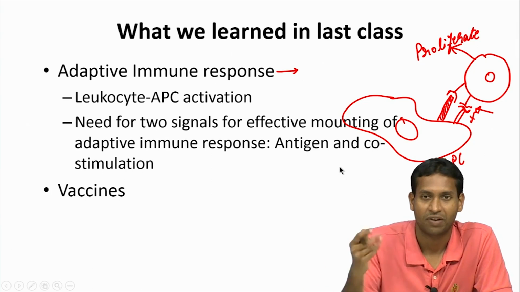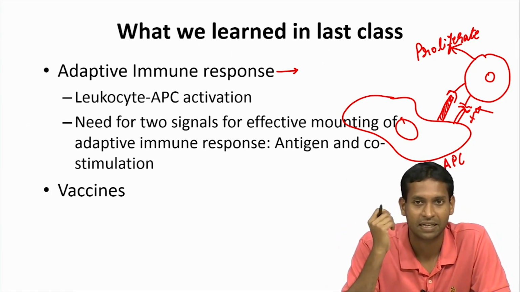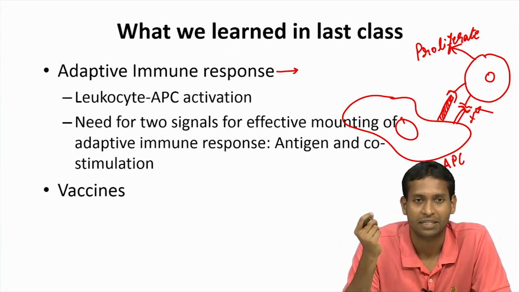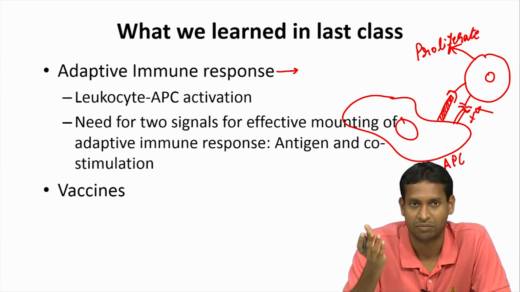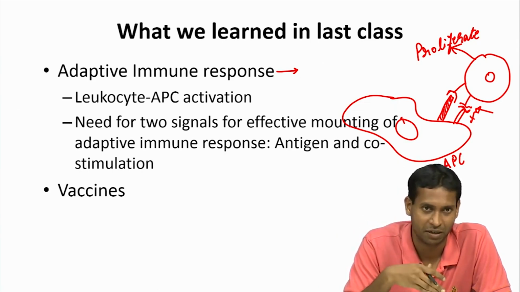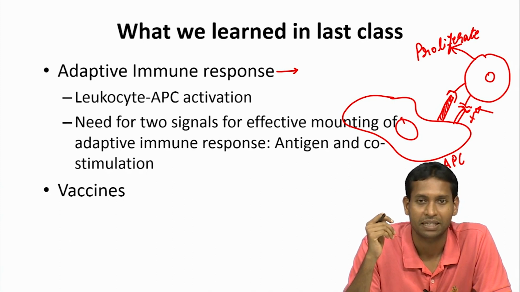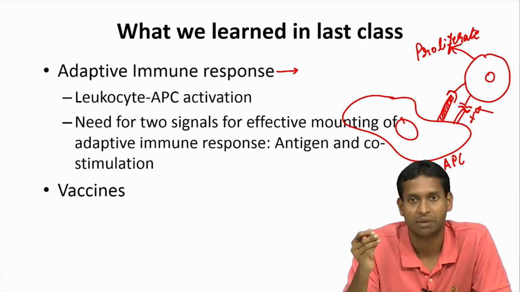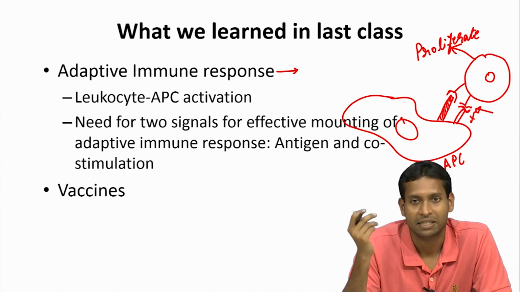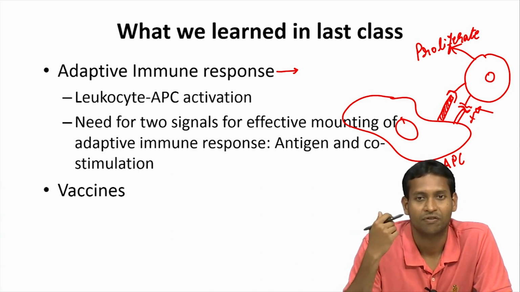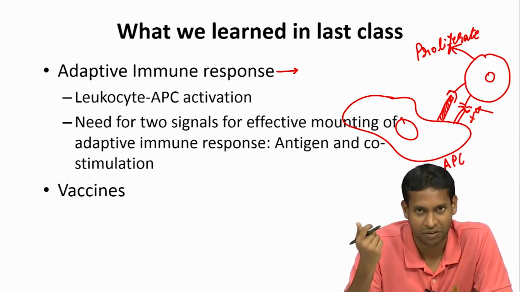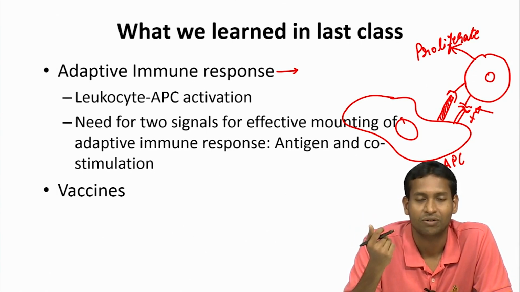Then we started a discussion on vaccines. Basically, vaccines are small units of your pathogens, or could be the full pathogen. We will talk about this today, but these are given to teach the body that this is a pathogen, so that if the pathogen comes in future, or if it is already existing, the body can handle that.